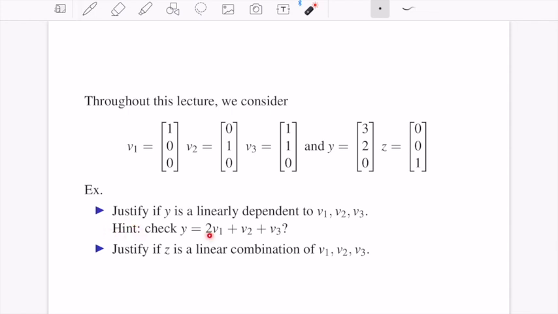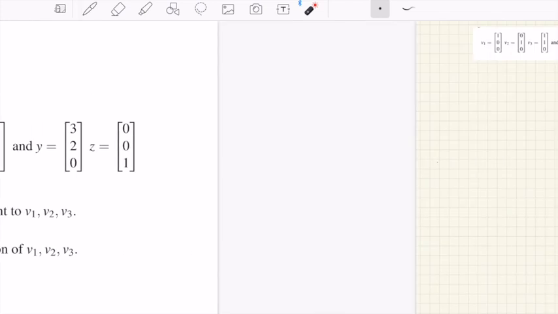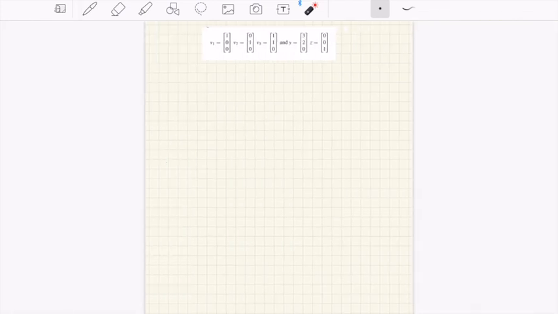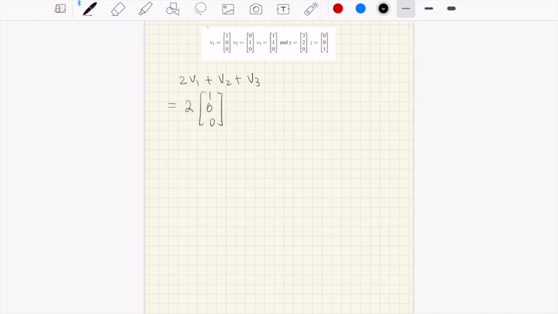All right, here's a hint. Why not move 2 steps in v1 and 1 step in v2, 1 step in v3? Let's check. So 2 steps in v1, 1 step in v2, 1 step in v3, which means 2 times (1, 0, 0) plus (0, 1, 0) and (1, 1, 0).